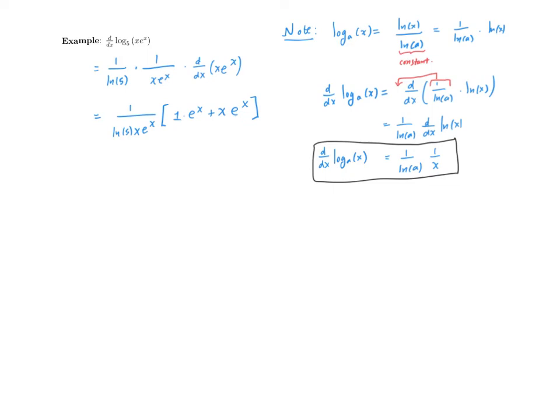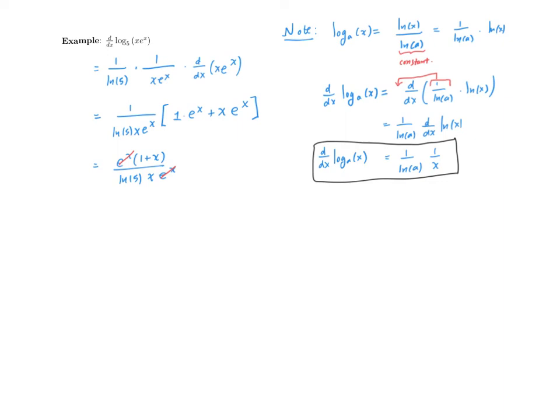And if I want to take this a step further just for fun, in the top we have e to the x times 1 plus x. And in the bottom we have natural log of 5 times x e to the x. So we could also cancel off the e to the x, which is common to both the top and the bottom.